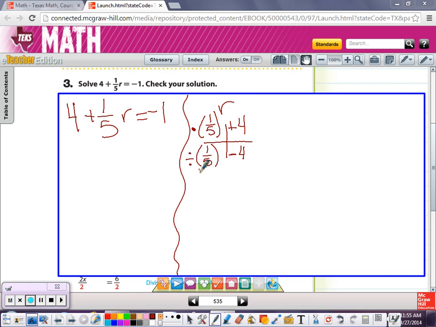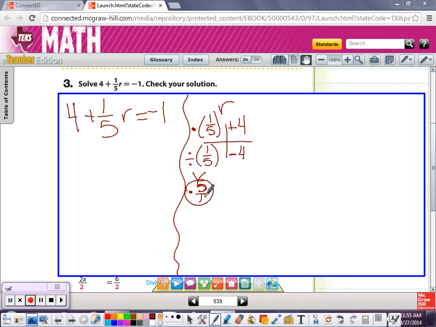We learned in chapter 1 that when dividing by a fraction, you actually do the inverse. You're going to multiply by the reciprocal. Reciprocal means when you flip the fraction upside down. That's the easy way of remembering it. So 1/5 turns into 5/1. So basically, we're going to multiply times the reciprocal of our original fraction.